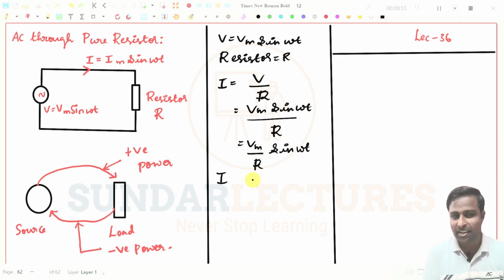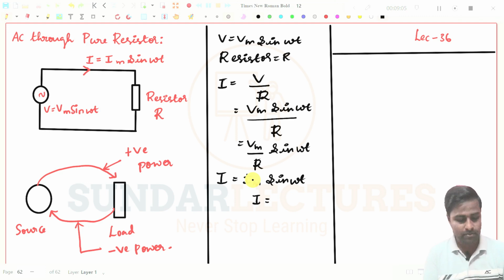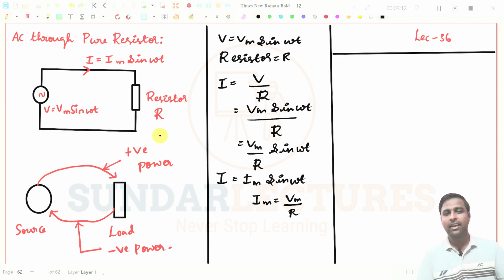That's all. So I here is Im sin omega t, and Im will be equal to Vm by R, right? This is the value of I.